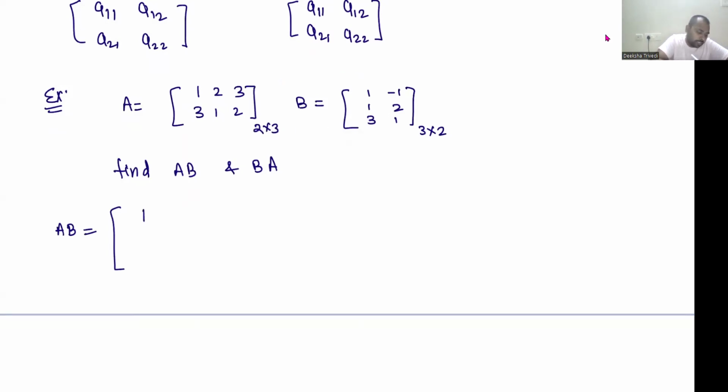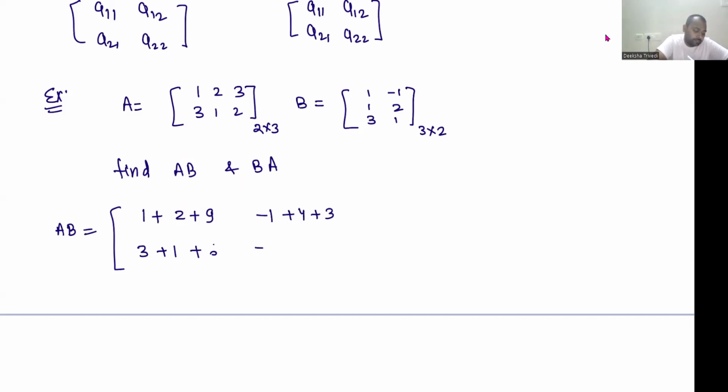1 into 1 is 1. 1 into 2 is 2. 3 into 3 is 9. 1 into 3 is 3. 1 into 1 is 1. 3 into 2 is 6. Now take the other column elements in B and multiply with the row and add. So minus 1 into 1 is minus 1. 2 into 2 is 4. 3 into 1 is 3.